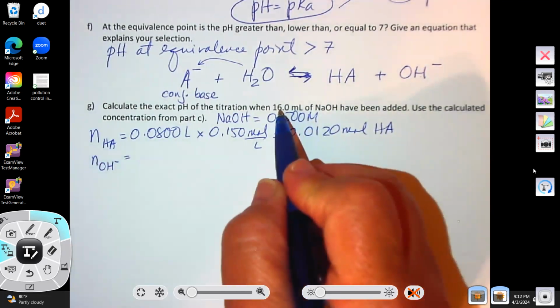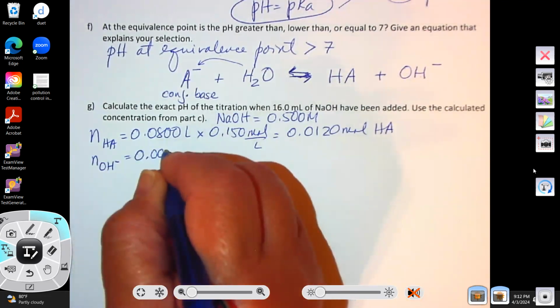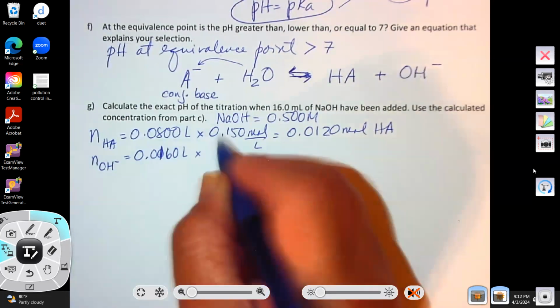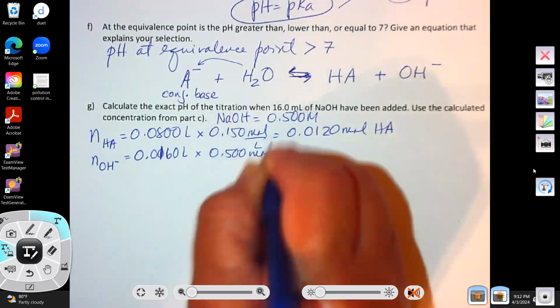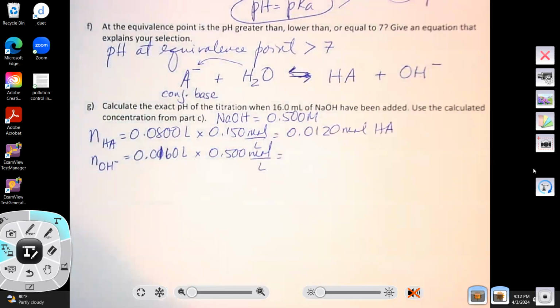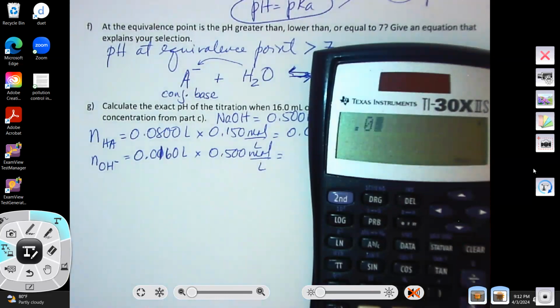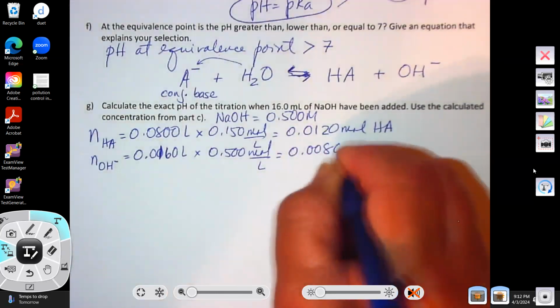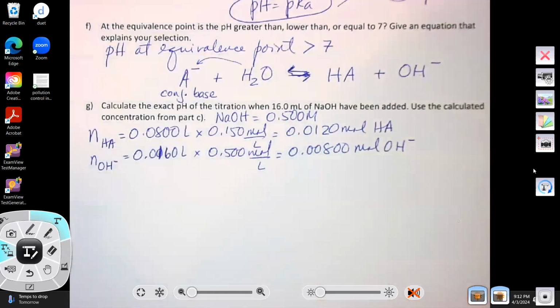Well, they want us to do it for 16 milliliters. So that would be 0.016 liters times the concentration of sodium hydroxide, which was 0.5. It's going to give me 0.008. That is the number of moles of sodium hydroxide that I'm adding.